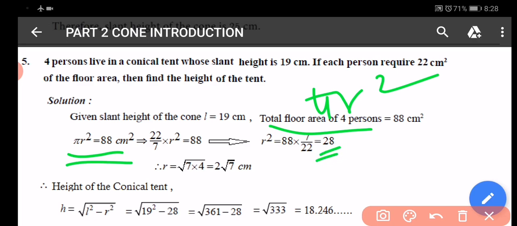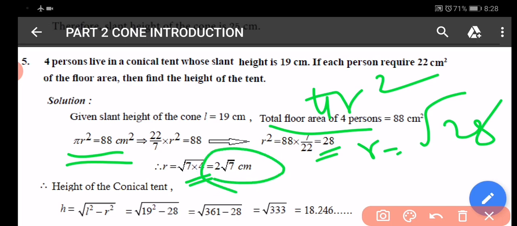So r equal to square root of 28. In this we take the product of two numbers, 7 into 4. We take 4 out of the root. Therefore radius equal to 2 root 7 centimeter. That is the radius of the conical tent.